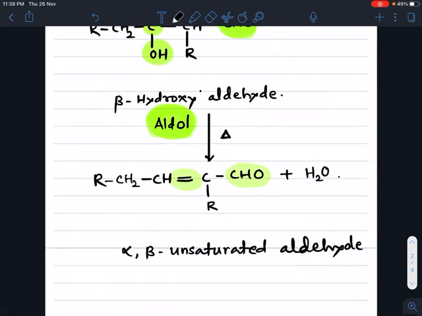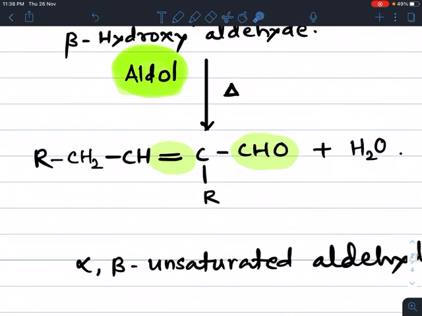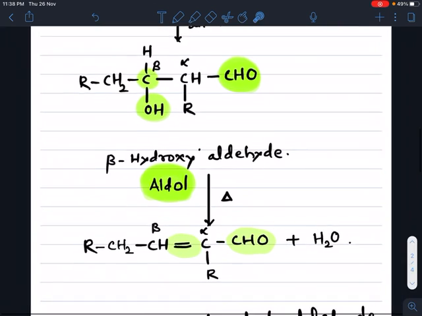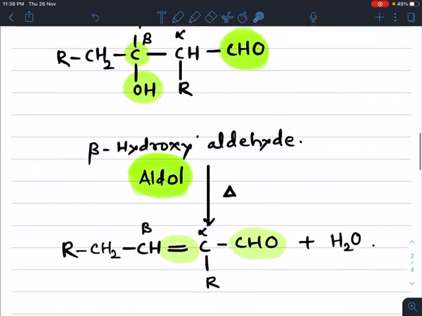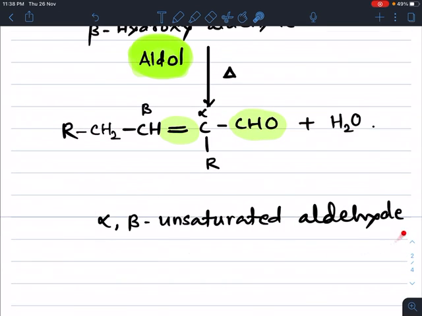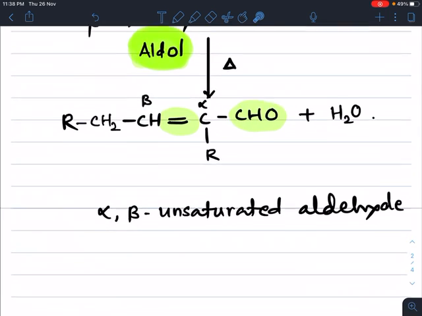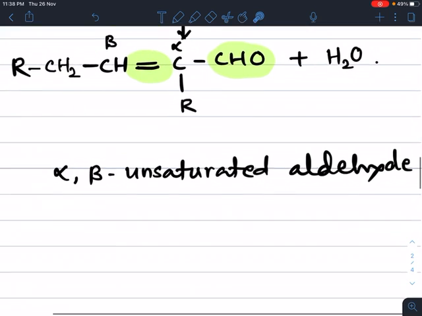If you observe here, CHO is the functional group, and the carbon attached to it is the alpha carbon and the second one is the beta carbon. By alpha beta elimination, a water molecule is removed from the alpha and beta carbons, and therefore an alpha beta unsaturated aldehyde is formed, and this is the aldol condensation reaction.